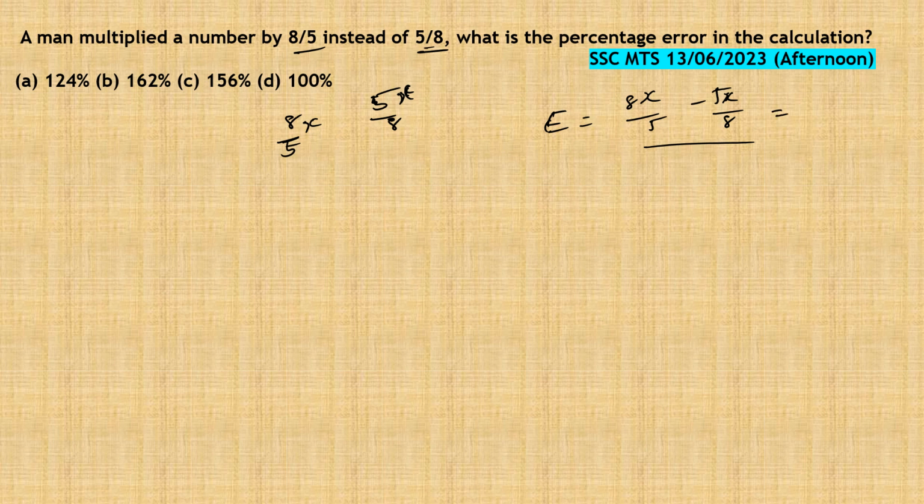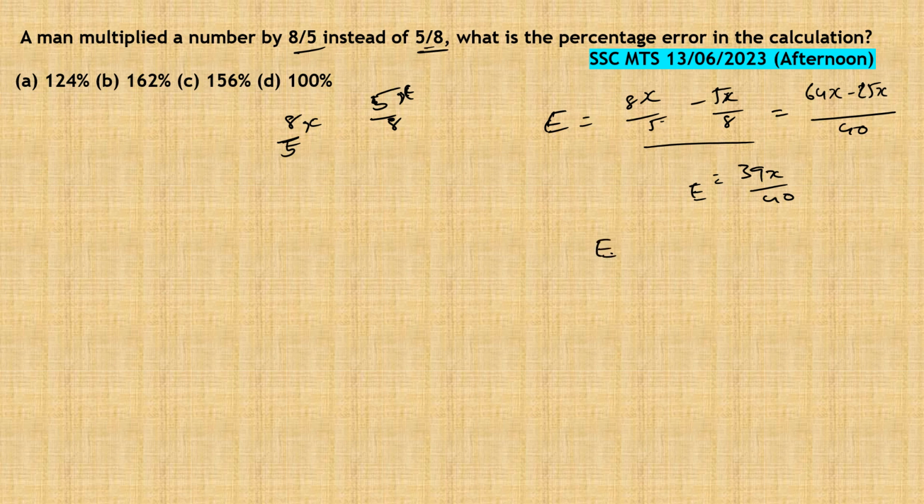Let's find the error only. 8 8s are 64, 64x minus 25x divided by LCM 40, and we will get 39x by 40. This is the error, and to find the error percentage, what is the correct value?